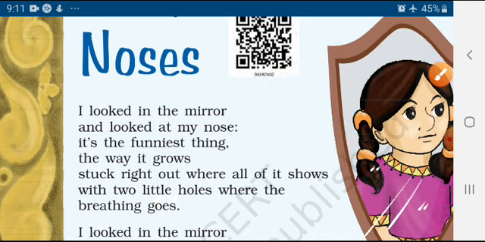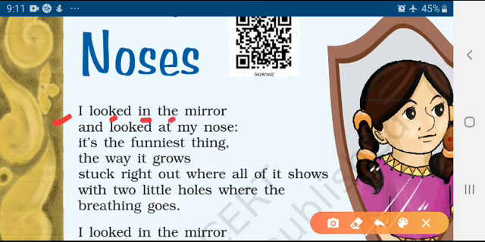Okay, now, I looked in the mirror. The girl is saying that when she looked in the mirror, it means in front of the girl there is a mirror and she is watching her face, seeing her face in the mirror.